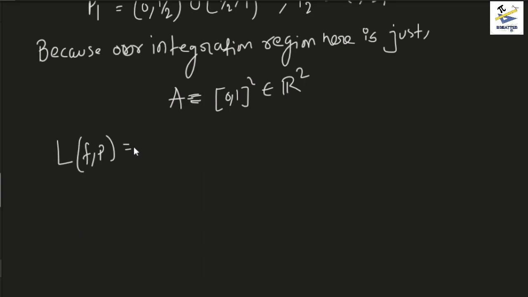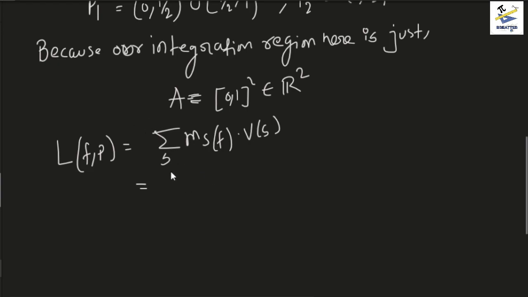L of f comma P would then be the summation over all such subrectangles S of the infimum of f over S multiplied by the volume of S. There are two rectangles, so we do not need to do it for each rectangle separately but can do it directly.